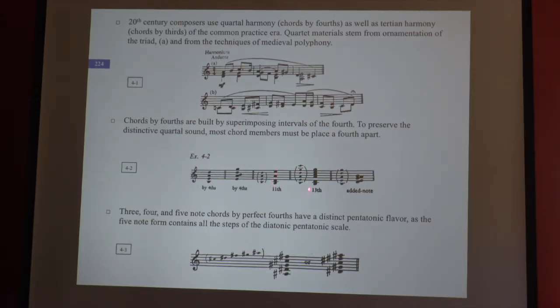Here's a 13th chord. You could spell it this way, or you could voice it this way, right? So this is spacing by fourths, and this is spacing in terms of thirds and seconds. There's an added note chord, another fourths chord. So to give the quartal sound, you want to use this spacing as opposed to these versions.